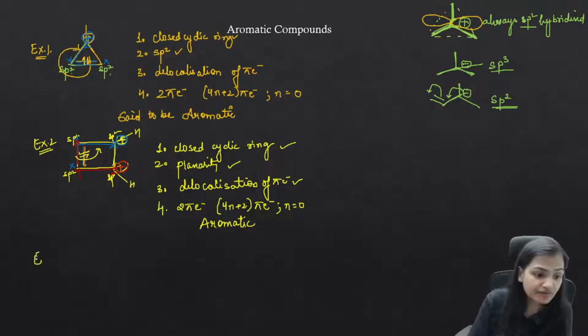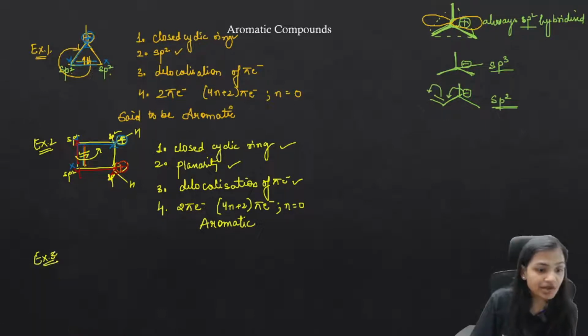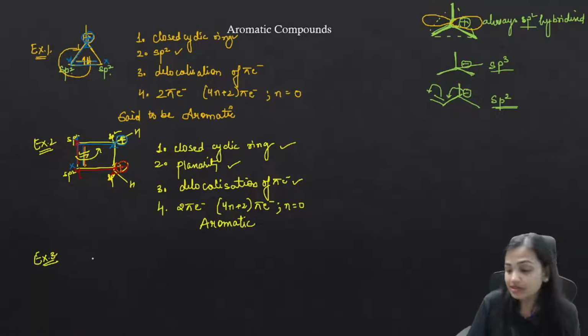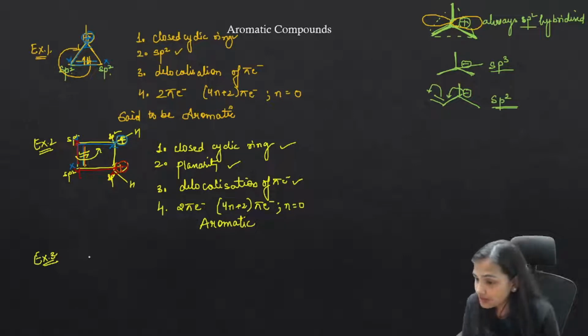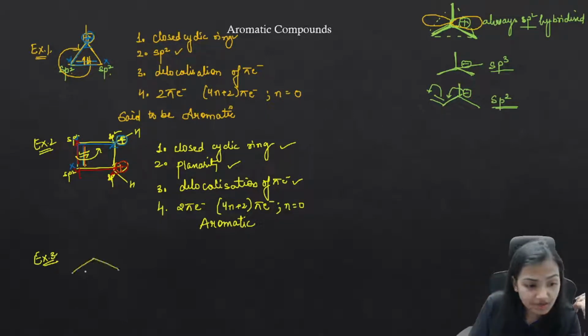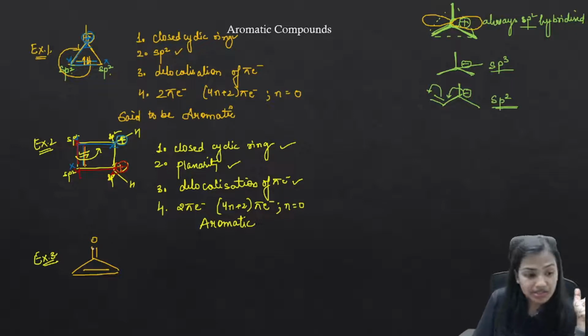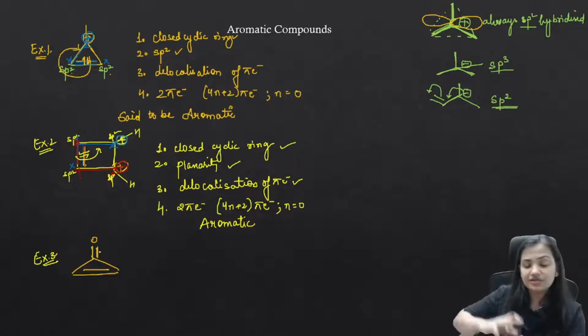Now we have one more kind of example that we usually see, and we need to learn through them. Let me show you. In example number 3, I will take a molecule with a ring and a double bond to O. When we have this double bond to O, can we solve this question directly?